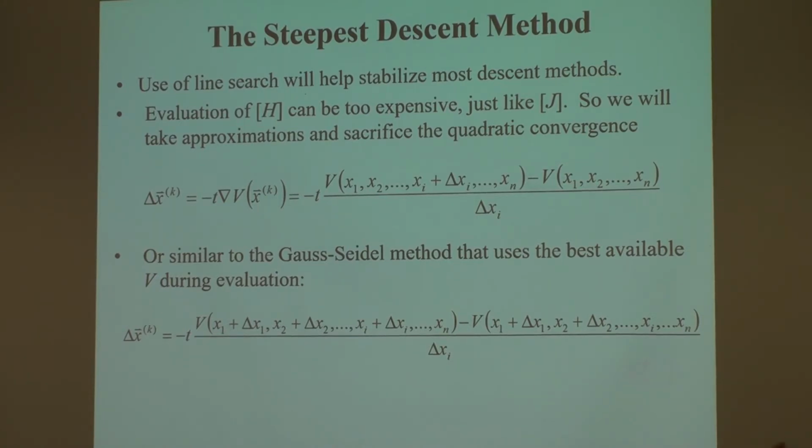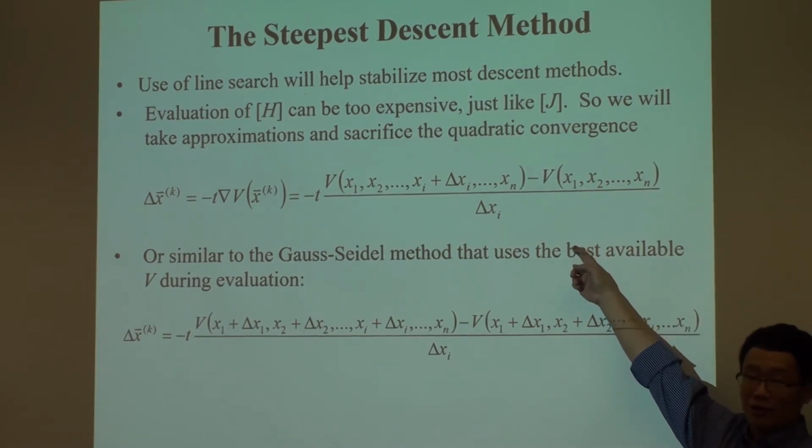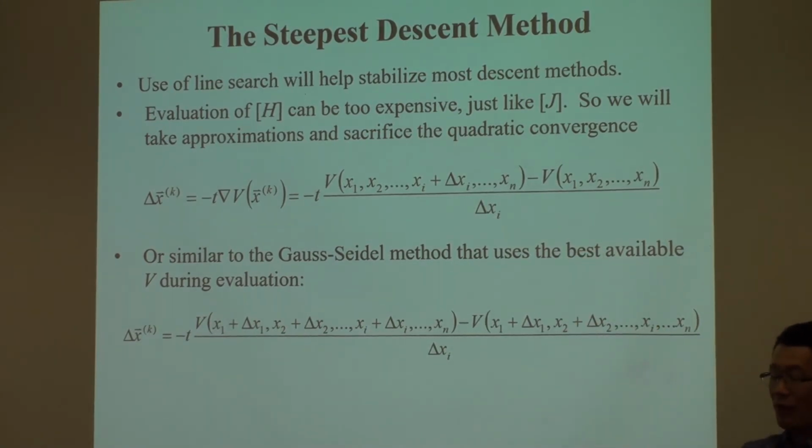Let me rephrase that. Steepest descent means I forget about any of the coupling between the independent variables. I treat every independent variable as independent. I make a local approximation of the slope of V with respect to that independent variable, and that is how I decide to increase or decrease that xi in the next step. I'm done, and this is called the steepest descent.